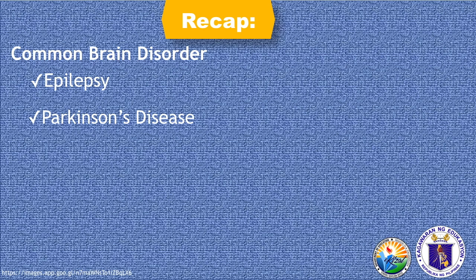All right, so we're almost done with our lesson today. And just to summarize what we have discussed, we have learned about the common brain disorders like epilepsy, Parkinson's disease, Alzheimer's disease, and the last is brain aneurysm.